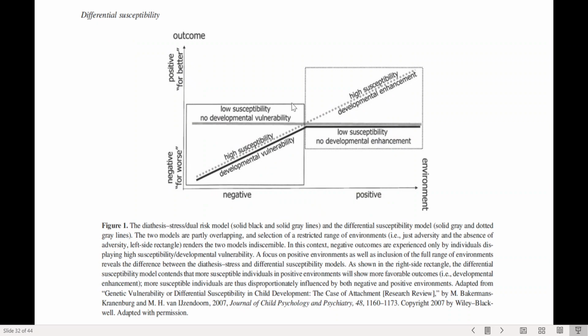So this leads to developmental vulnerabilities. Individuals with these risk factors, if placed in a negative environment, will show behavior that is often deemed maladaptive, but if put into positive environments, will show developmental enhancement.